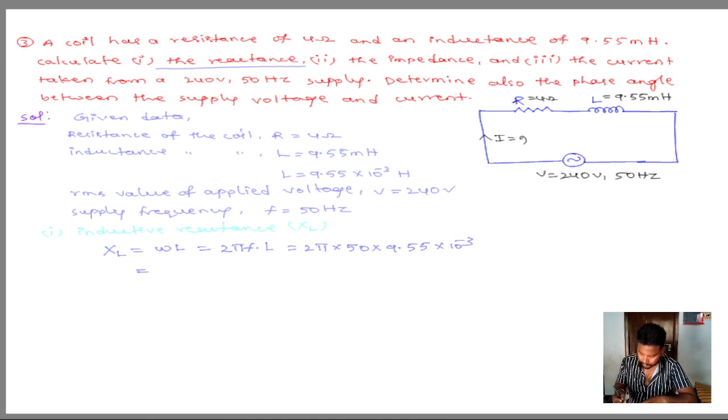Then calculate inductive reactance. 2 pi into 50 into 9.55 into 10 power minus 3.